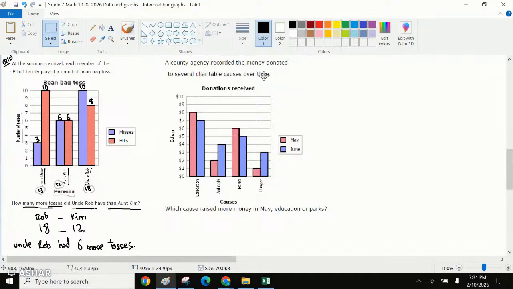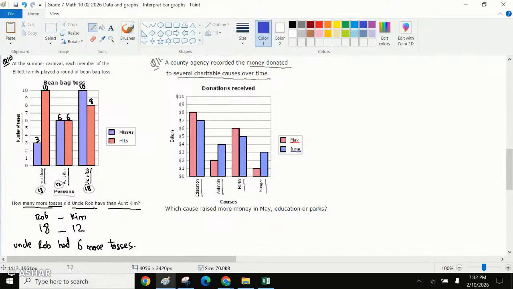So in this particular case, in question number 11, it says a county agency recorded the money donated to several charitable causes over time. For education, this money was spent for animal care, this was spent for parks, and for food and hunger, right? It's done in 2 months, May and June.